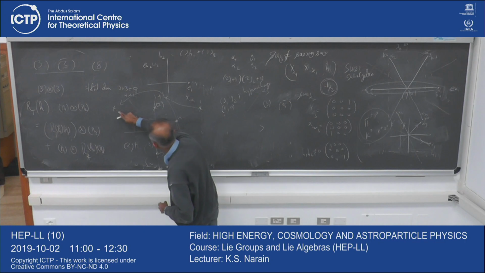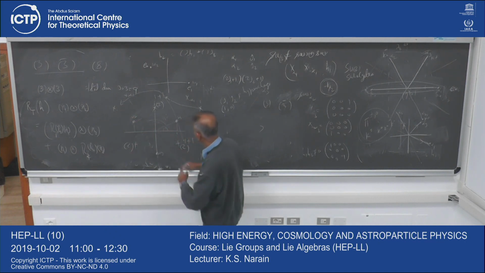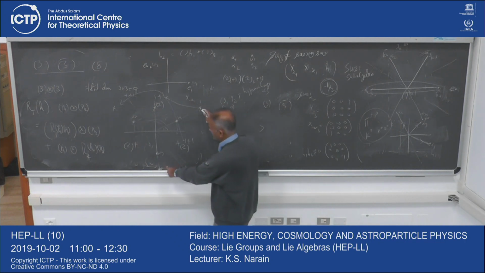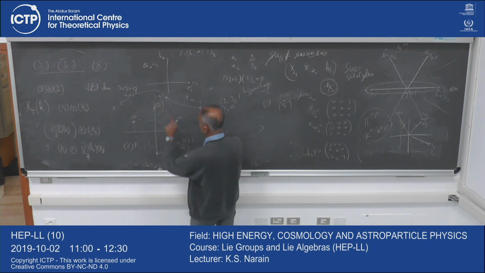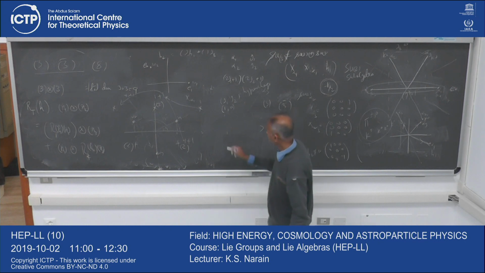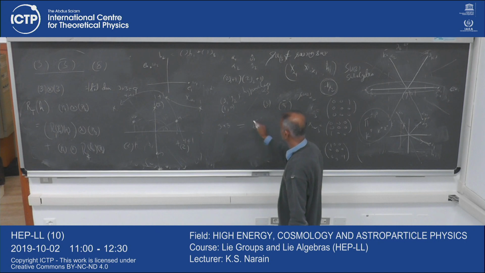Similarly you can go from here, where there is only one state, and I apply x minus alpha 2, so I'm going to get this state. So in this representation, starting from here as the highest weight, you're going to get only 6 states: the 3 extremum states, and 1 each from these points. So this 3 times 3 splits into a 6-dimensional representation.